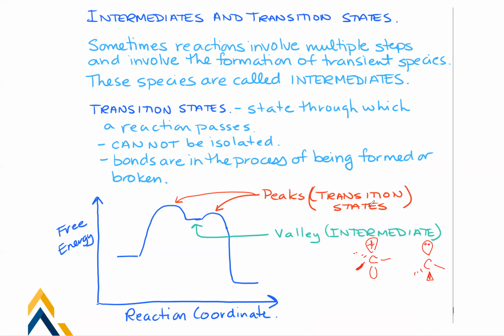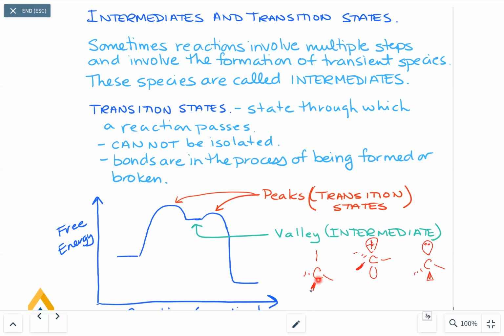If I was to say to you, if you're comparing carbon with only 3 bonds and no electrons to carbon with 4 bonds, which one of these two do you think would be carbon with 4 sigma bonds versus carbon with 3 sigma bonds and an empty orbital? Which of these two do you think would be higher in energy?